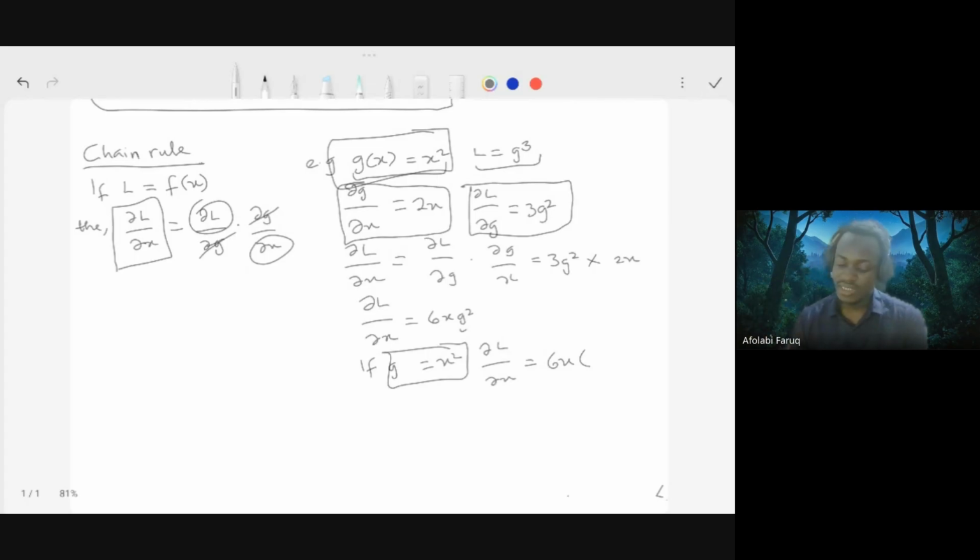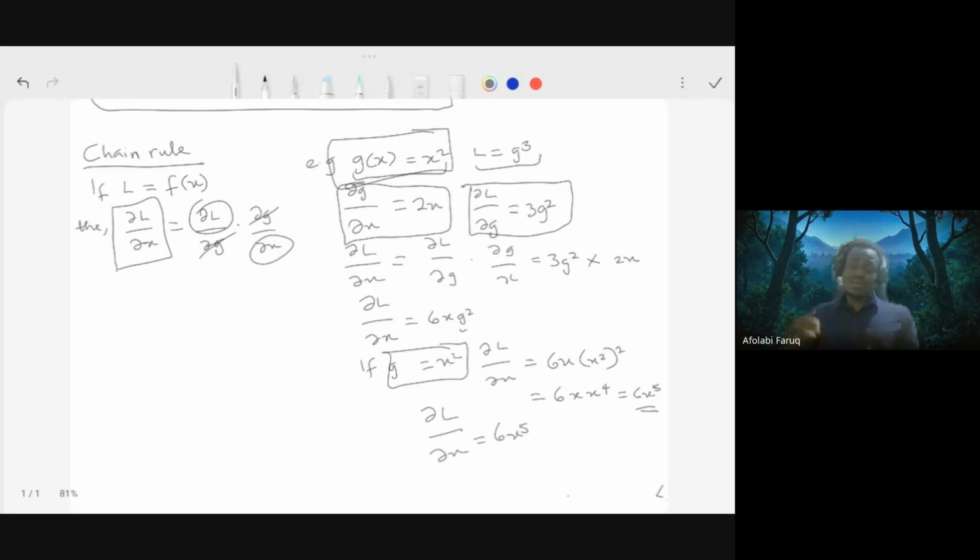So G here is what? X squared. G itself is x squared, so don't forget the square is still there. Then you can now say 6x times x to the power of 4, and that's going to be 6x to the power of 5. So dL/dx equals 6x to the power of 5.